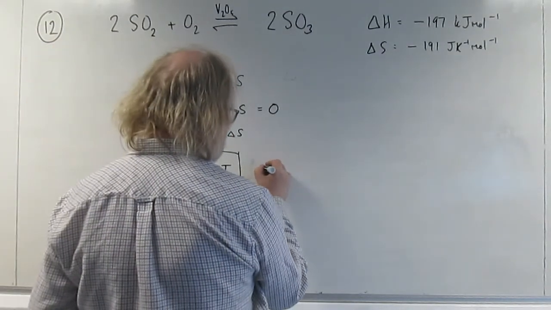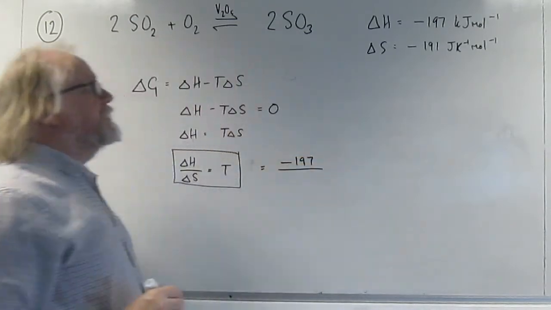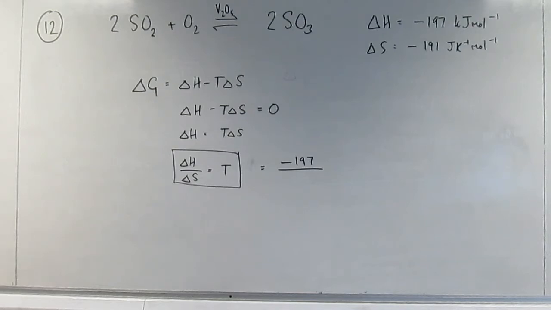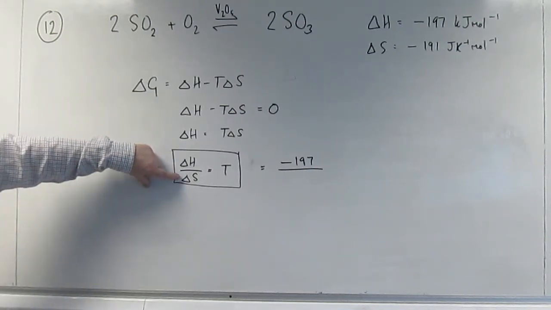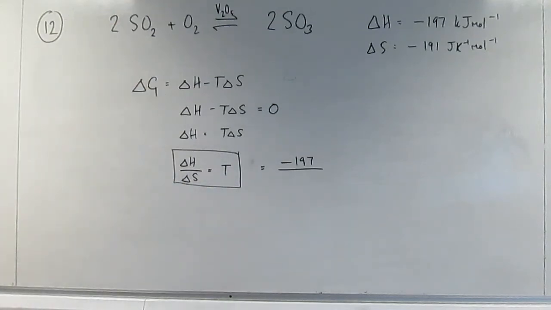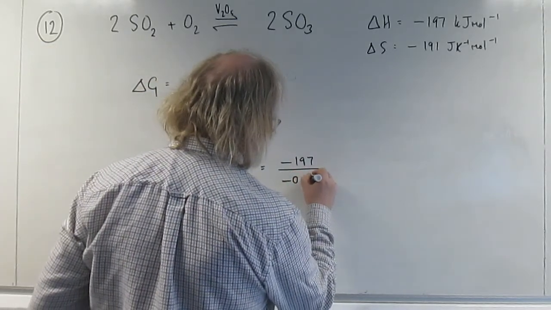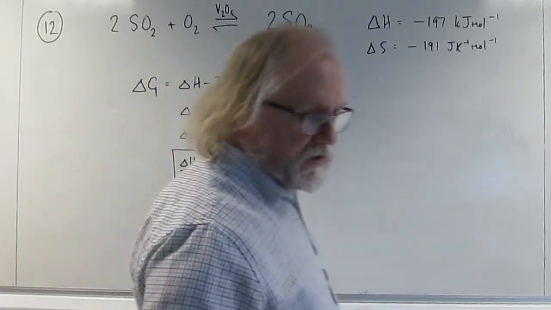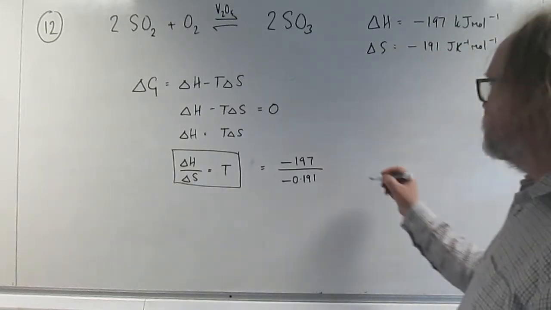So we've got minus 197 for delta H. Delta S has got to be in compatible units because delta H is in kilojoules per mole. This needs to be in kilojoules per Kelvin per mole, and therefore it's not minus 191, it's minus 0.191 that goes in there.